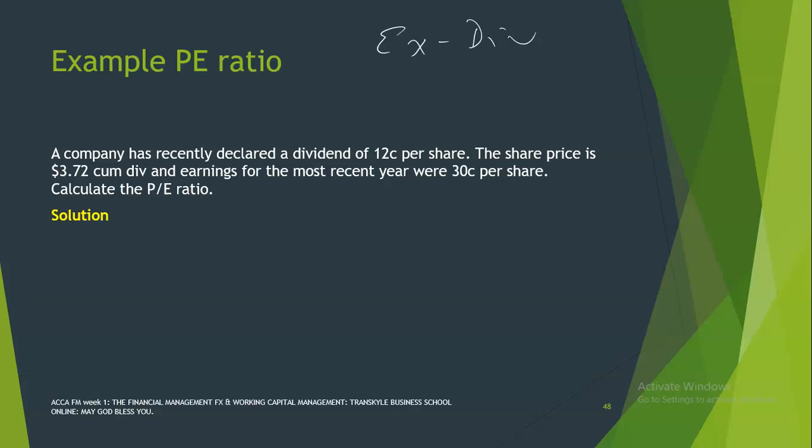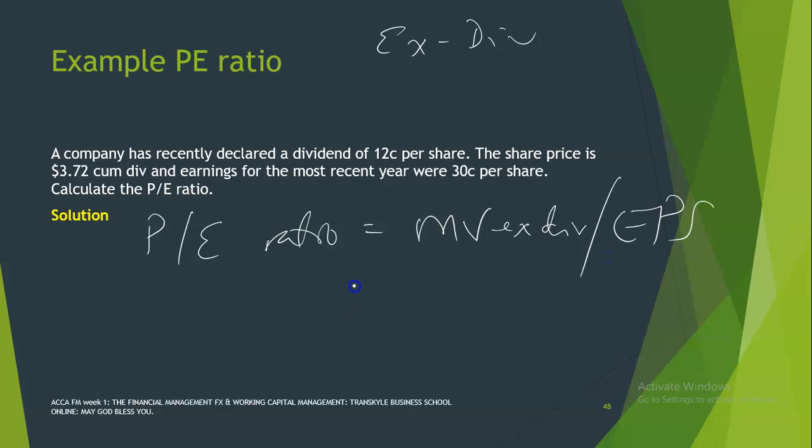The market price should be ex-div. So our PE ratio is equal to market value ex-div divided by EPS. For market value ex-div, we are simply saying the market value cum div less the dividend.